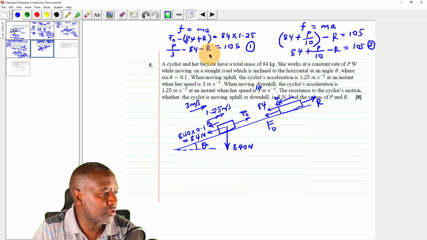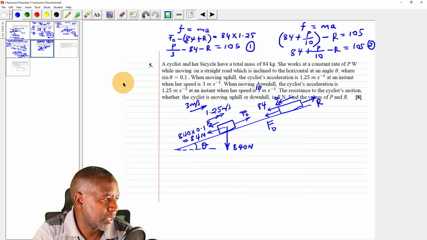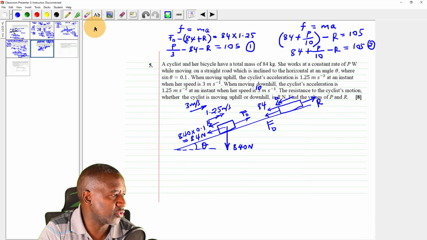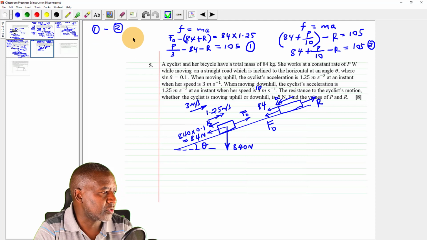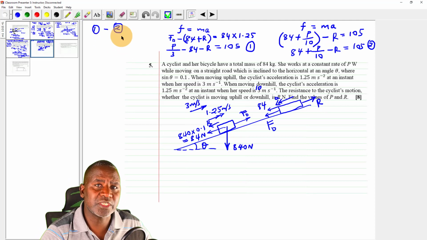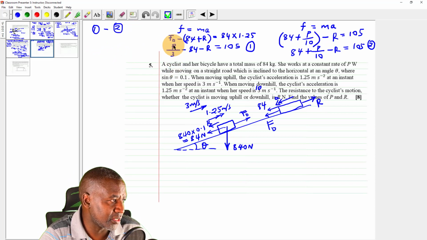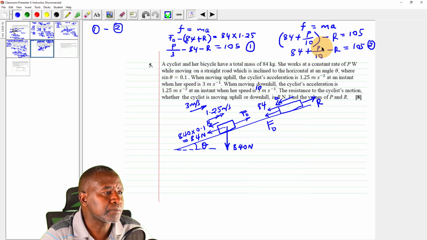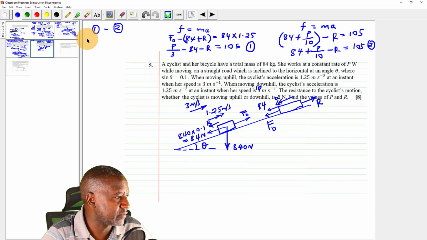Now, because here I've got minus R and minus R, I can have equation 1 subtract equation 2. It does not matter whether it is equation 1 subtract equation 2 or the other way around, it will still work out. So this is P over 3 minus P over 10.